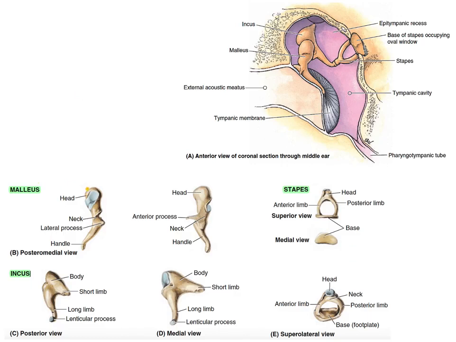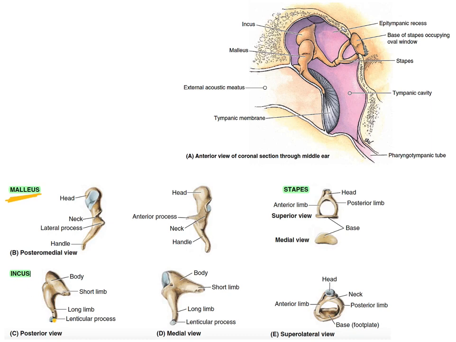Now, here is another slide that shows the different structures of each ossicle. The malleus, which means hammer, has a head, neck, lateral process and handle. The head of the malleus articulates with the incus by its body, and of course the incus has a body, short process and long process.